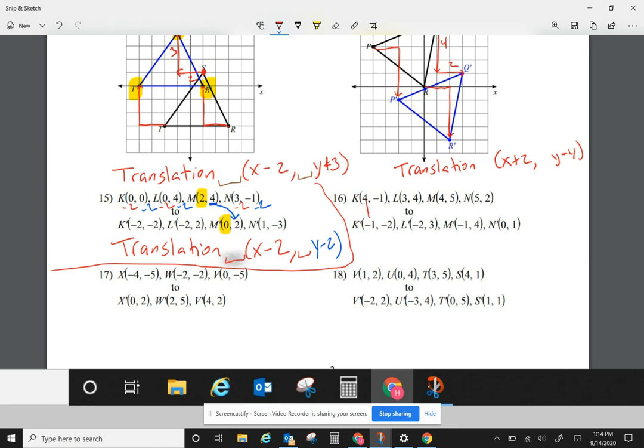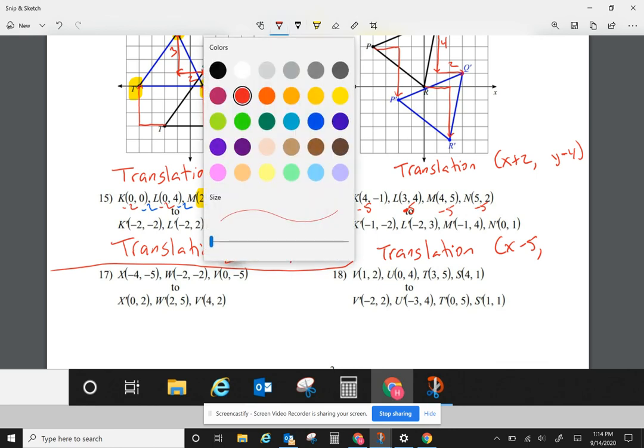From 4, it has to become negative 1. In order for 4 to become negative 1, I have to subtract 5. I'm going to check that on every x, and it works. So I'm just going to write translation x minus 5. I'm subtracting 5 from every x.